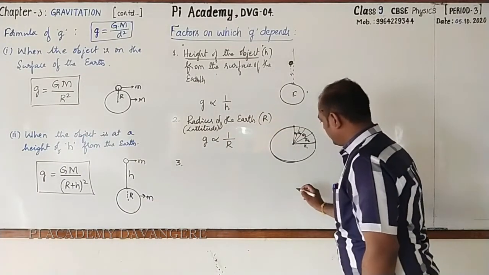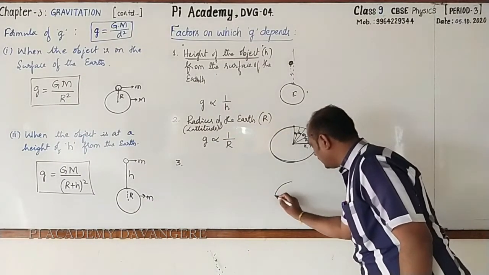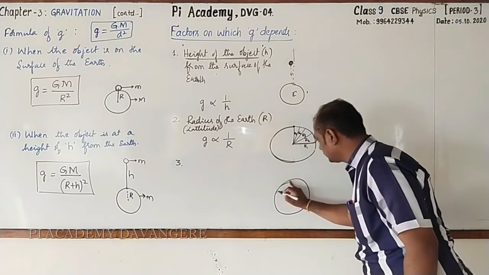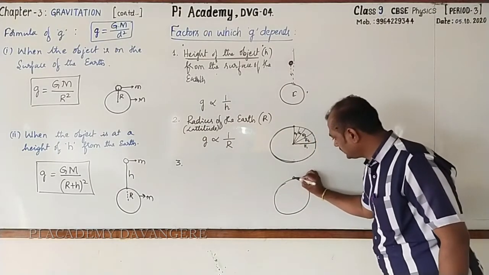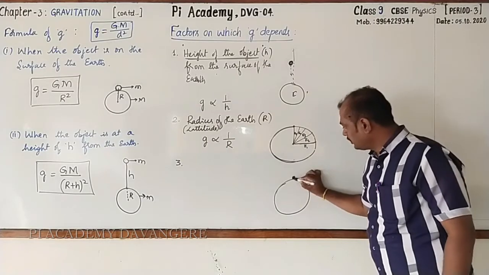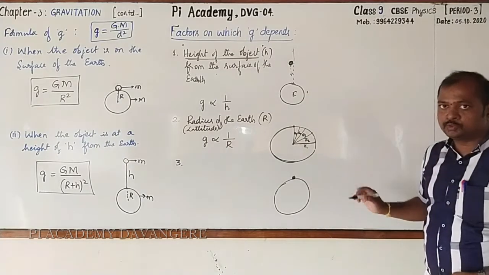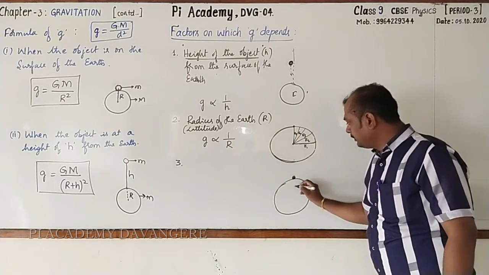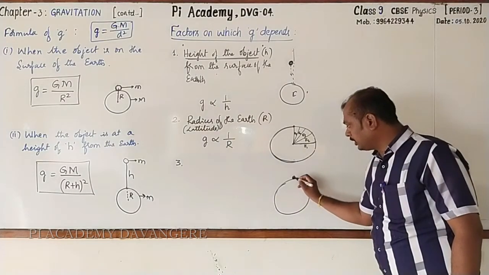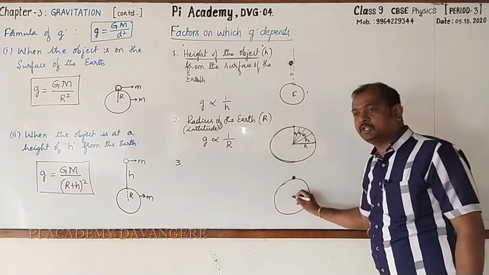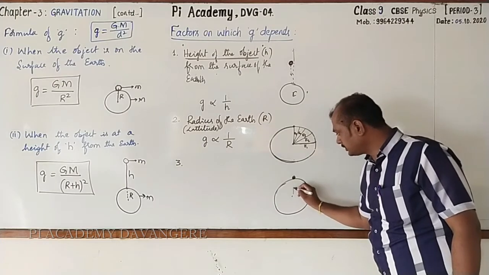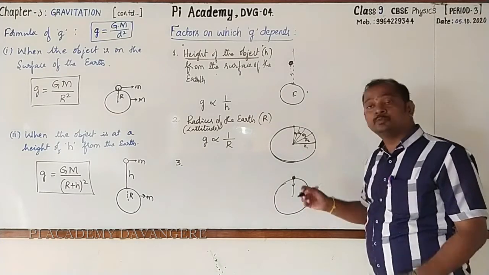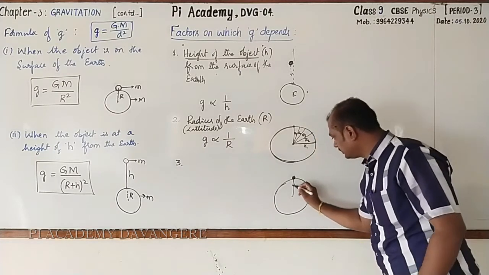Next, third: assume that the object is on the surface of the earth. Now acceleration due to gravity will be considered with the distance of the object from the center of the earth. Suppose the object is moving inside the earth.